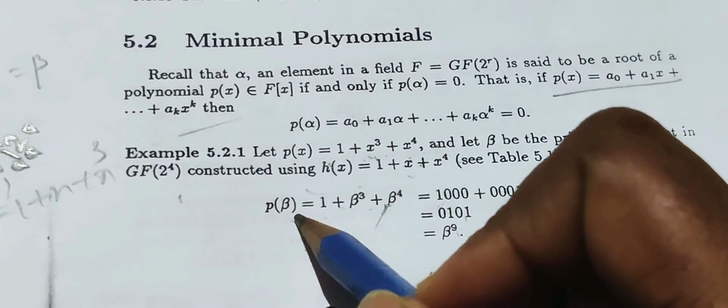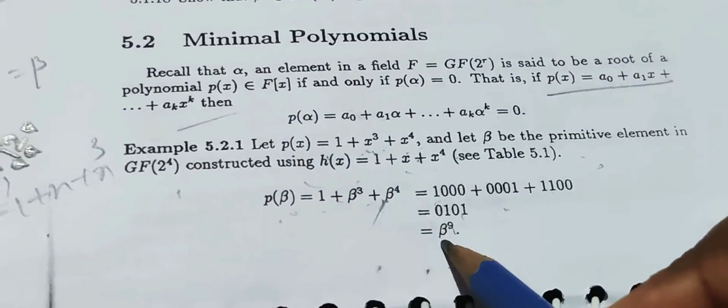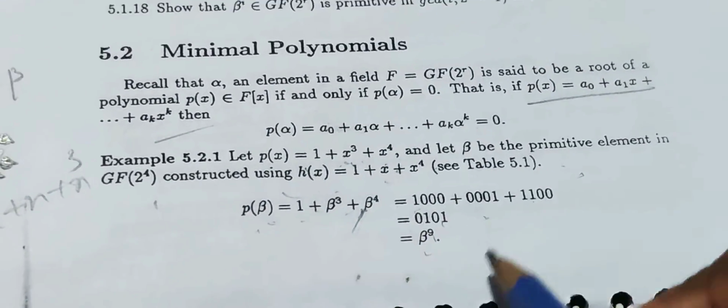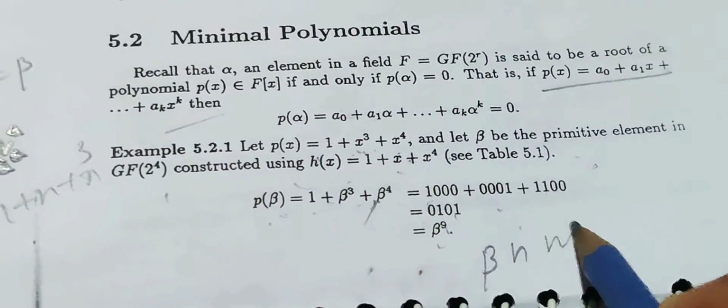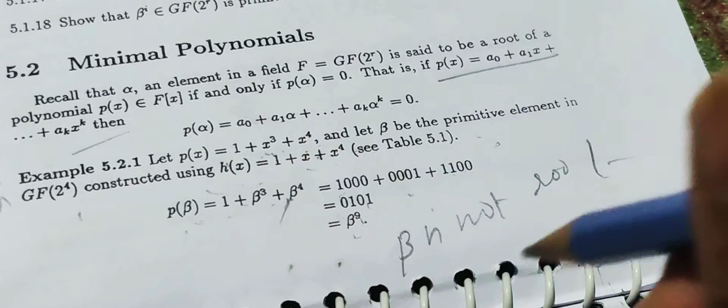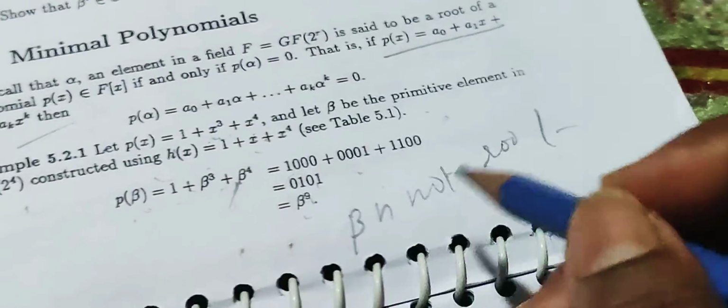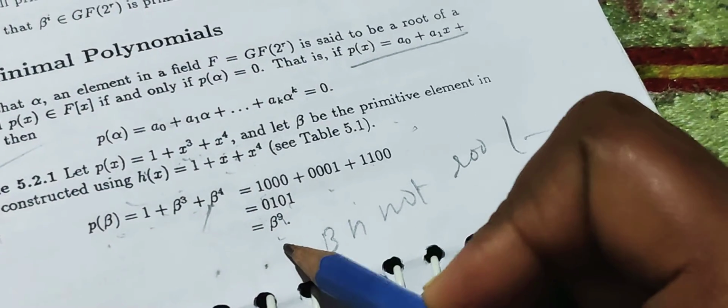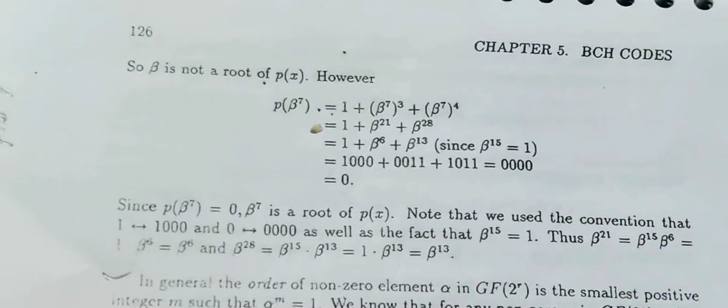So p of beta is beta raised to 9. If beta were a root, p of beta would be 0. So beta is not a root of the polynomial.